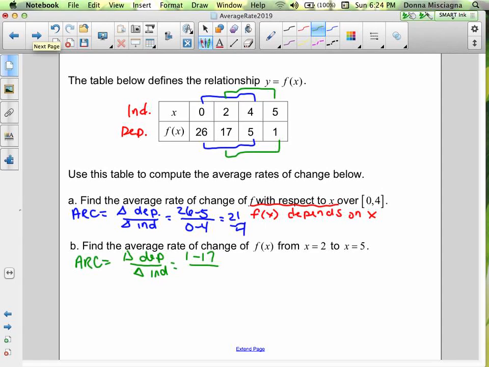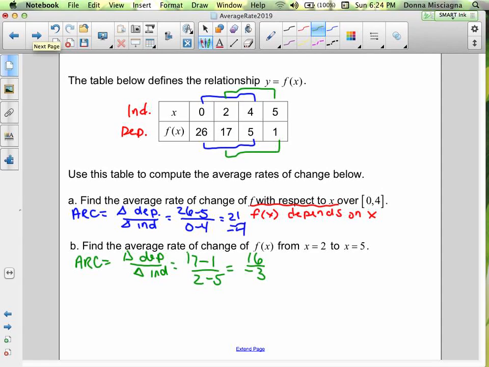I'm sorry, there's a mistake on the bottom there. 0 minus 4 is negative 4. So that should be negative 21 over 4. And I'm going to work left to right because I like the numbers better that way. So I'm going to go 17 to 1. So 17 minus 1, and I'm not going to forget, though, that 2 minus 5 is negative. All right, so that would be 16 divided by negative 3, or negative 16 thirds.